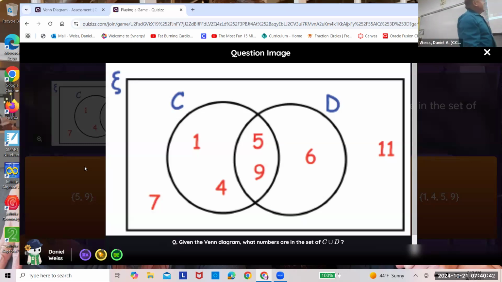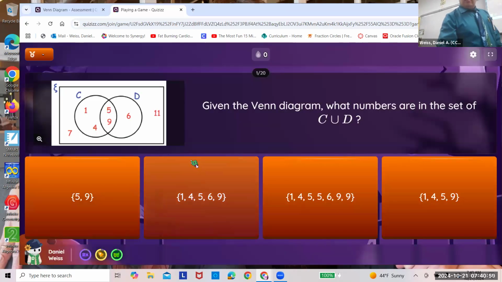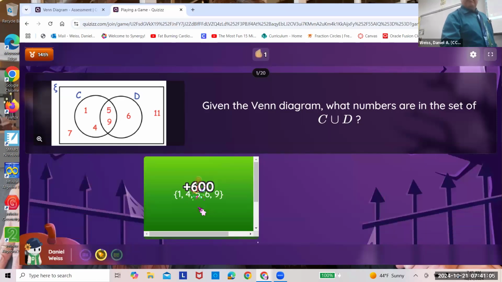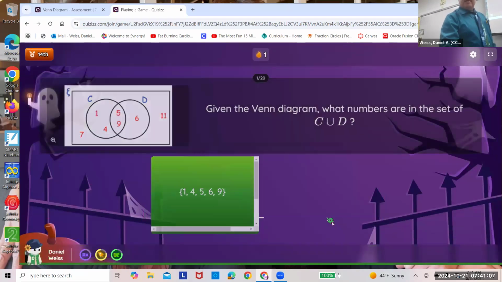Does it make sense that it would be 1, 4, 5, 9, and 6? That's the union, the combination of C and D. Okay. 1, 4, 5, 6, and 9. That's this one here. Woohoo! All right.